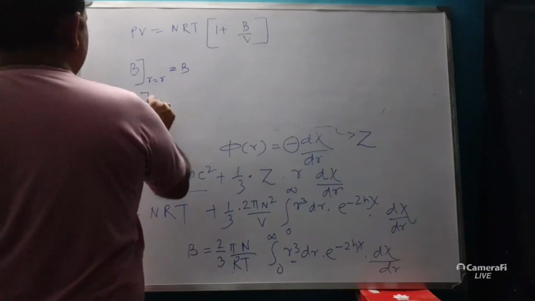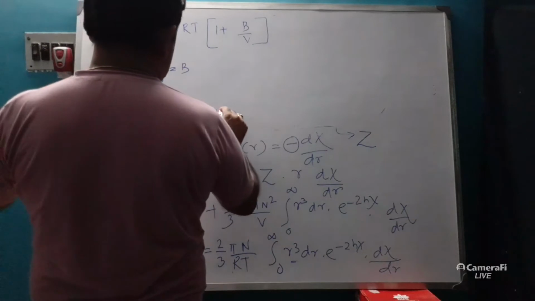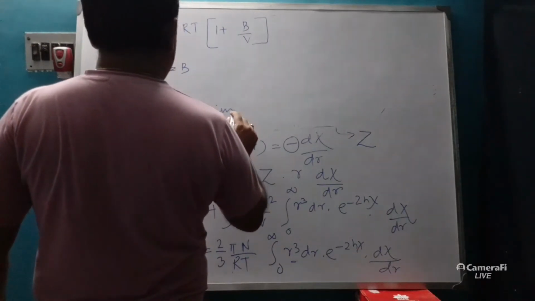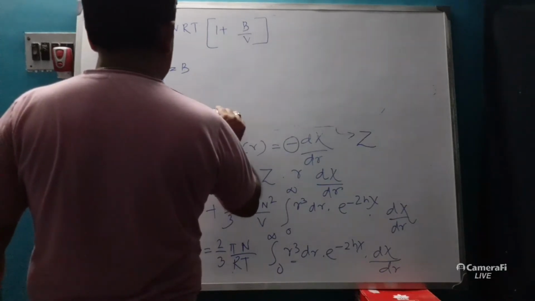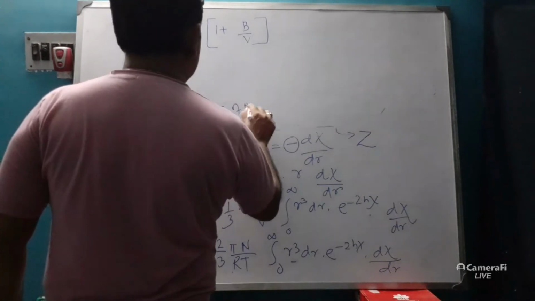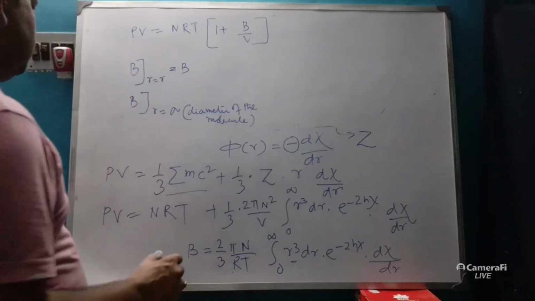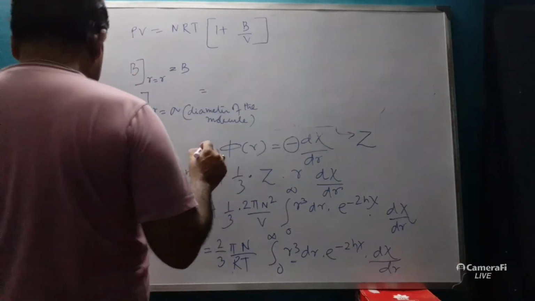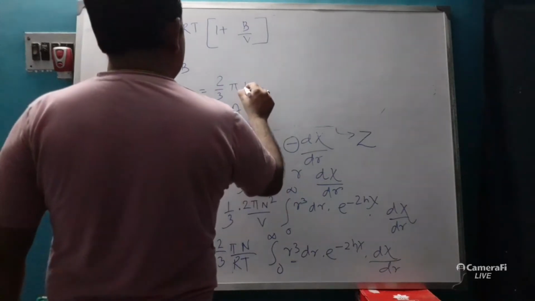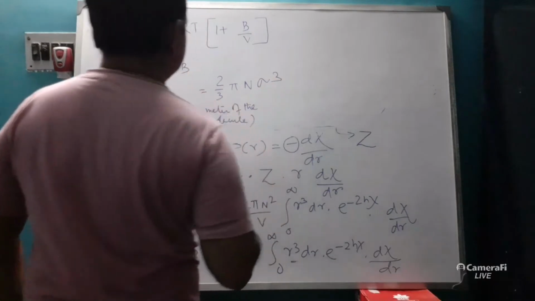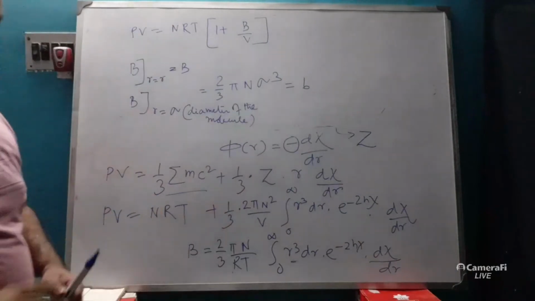Now B, when r is equal to sigma, that means the diameter of the molecule, this equation reduces to 2/3 pi n sigma cube, and this is considered as small b, another constant.